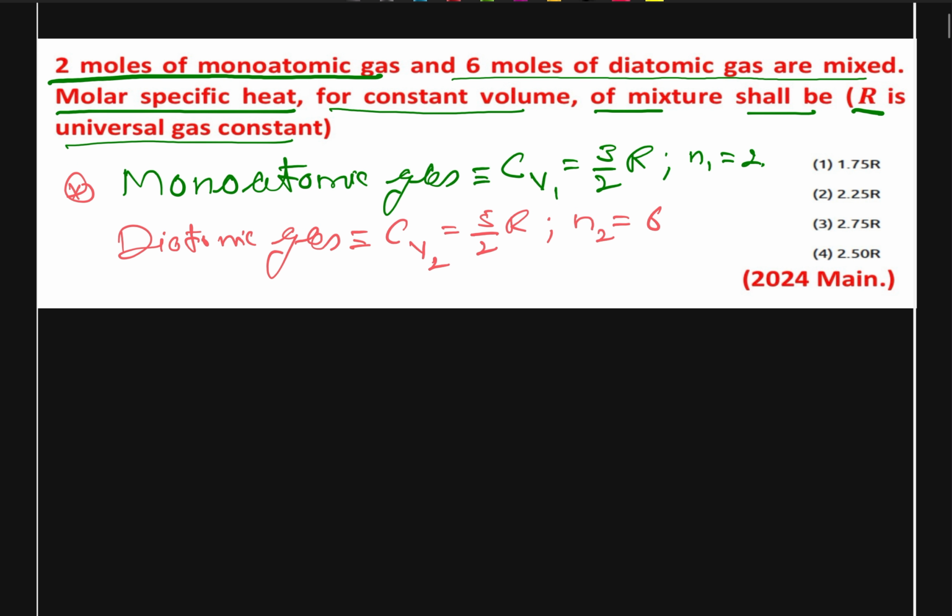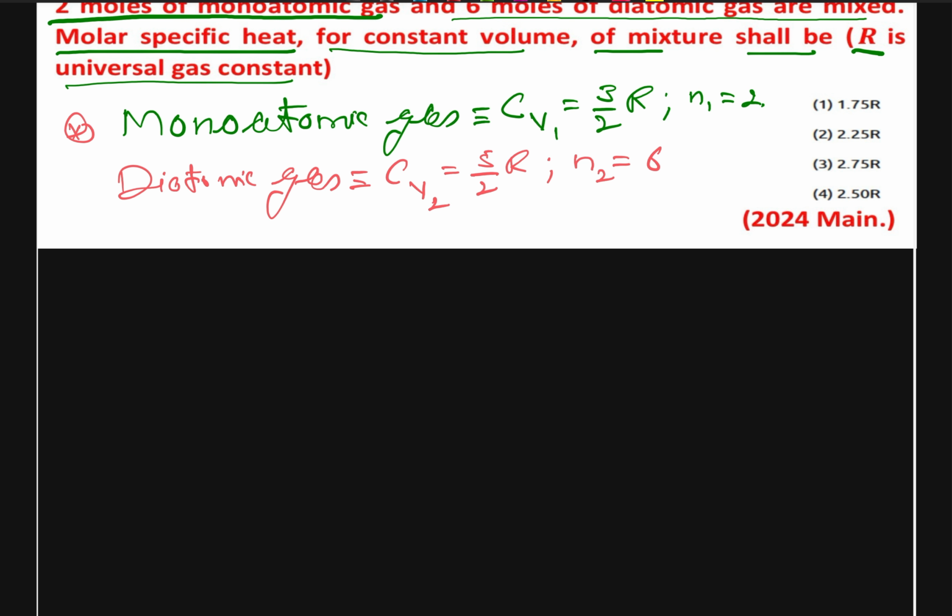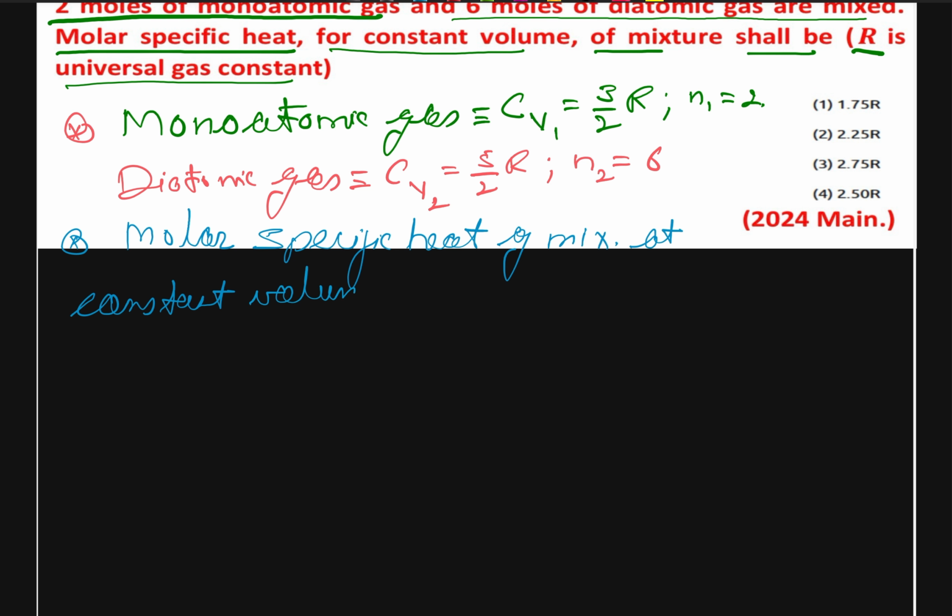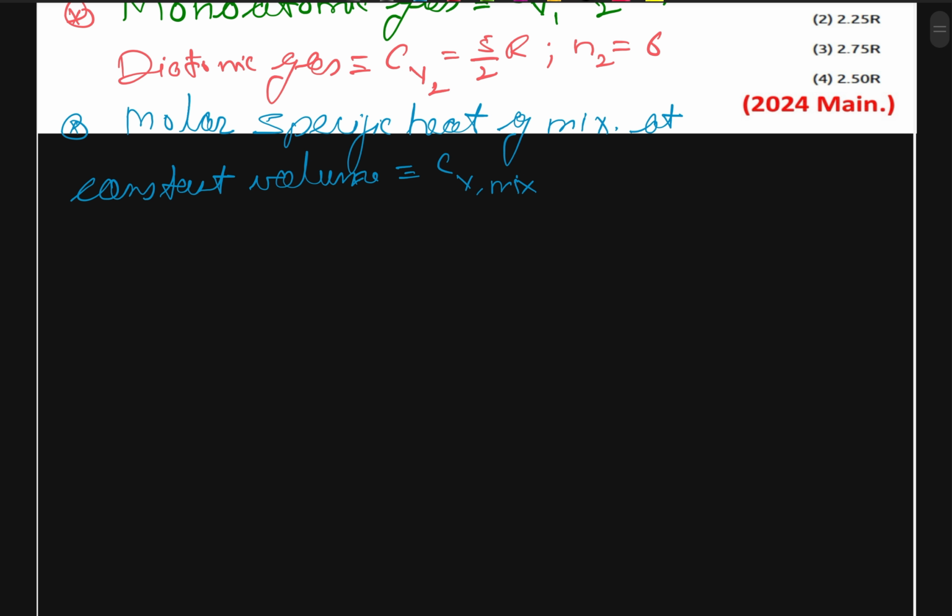So we can use for the mixture at constant volume, so we can say molar specific heat of the mixture at constant volume, let us call this as CV mix, and we can write the formula for CV mix.